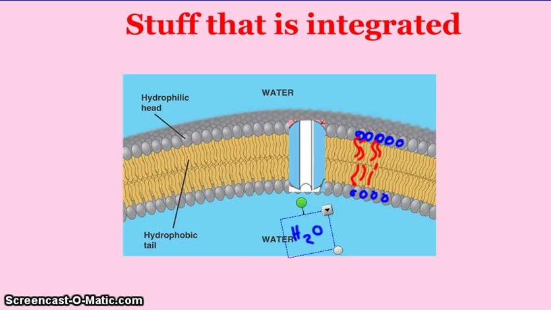The other kind of thing that you can find integrated in the cell membrane are carbohydrates. Carbohydrates are molecules that are also embedded sometimes in the surface of the cell, sometimes on the interior of the cell. And these structures act in a variety of ways. They can identify the cell. They can act as a tool for one cell to communicate to another, sort of like a little antenna.